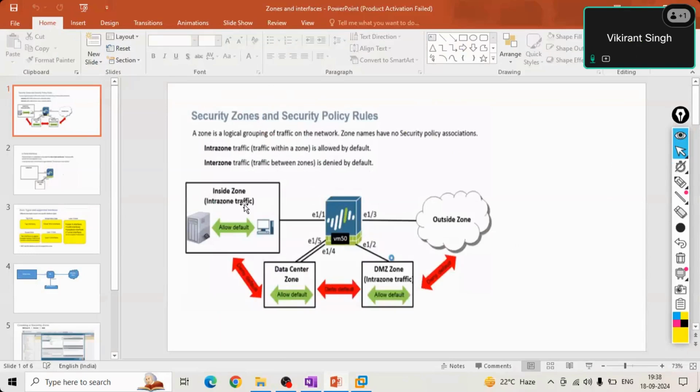So it could be the inside zone, DMZ zone, data center zone, or outside zone. These are the names of zones. So if inside zone traffic wants to communicate with the data center zone, there should be a security policy. Without a security policy, it is not allowed. It is denied by default. This is called interzone.